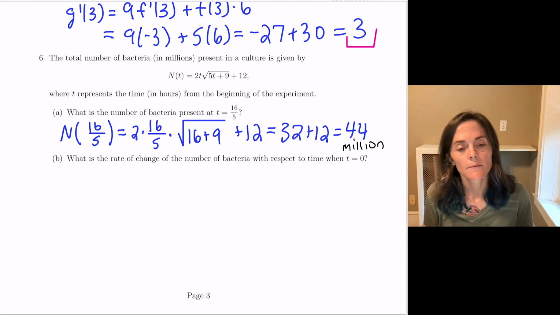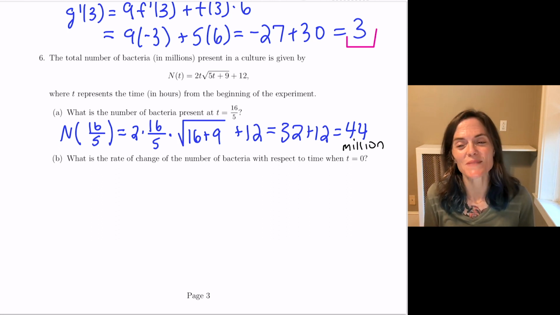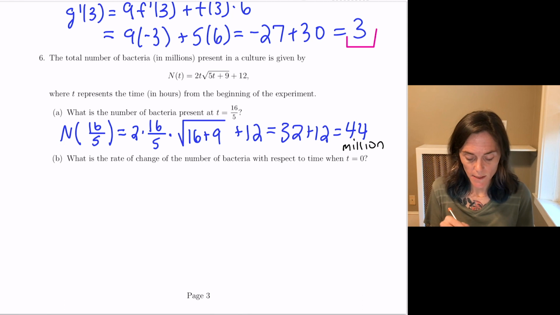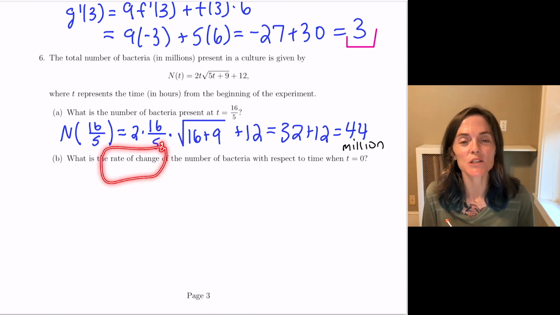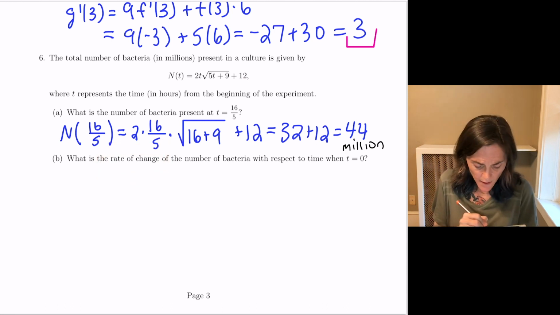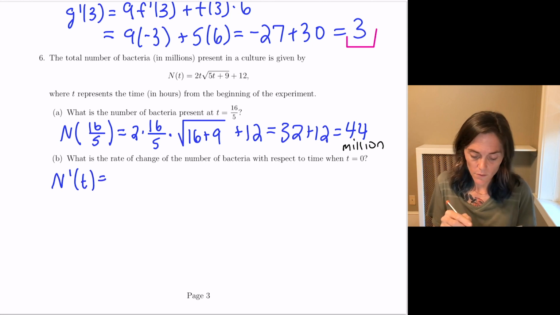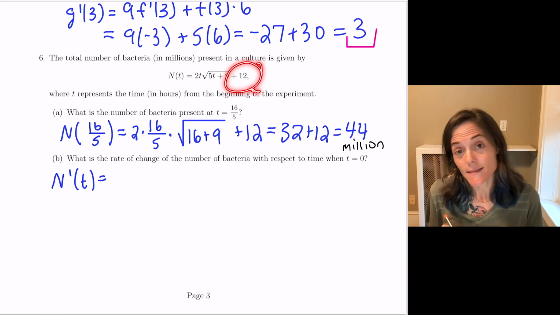Letter B. What is the rate of change of the number of bacteria with respect to time when t equals 0? Look, rate of change. This is a derivative. Okay, so first let's calculate the derivative, then evaluate at 0. Now, derivative of 12 is 0.